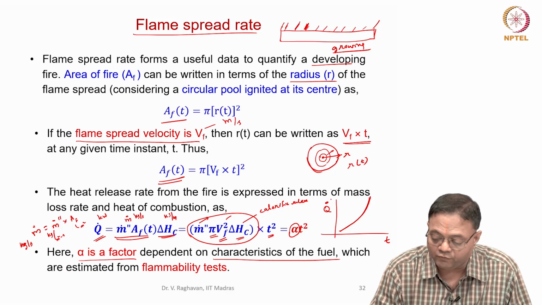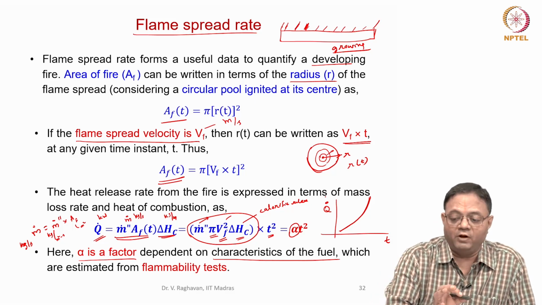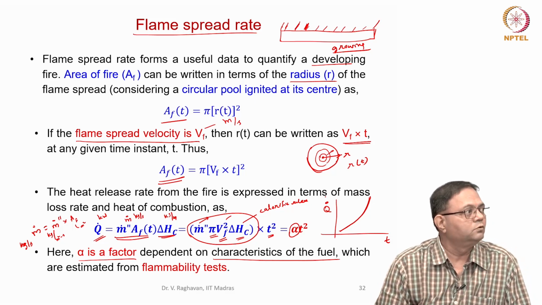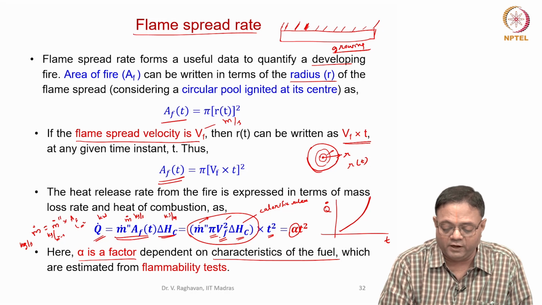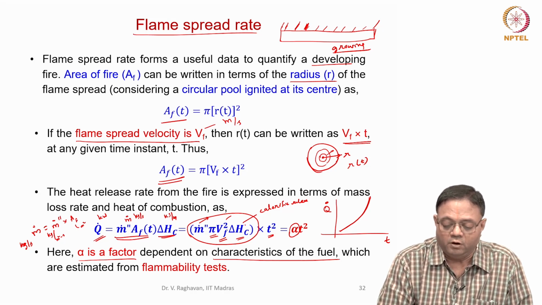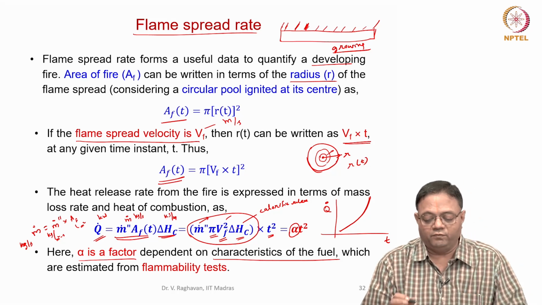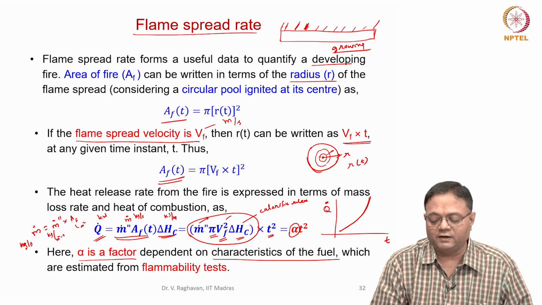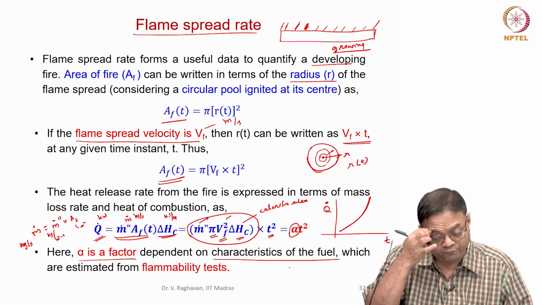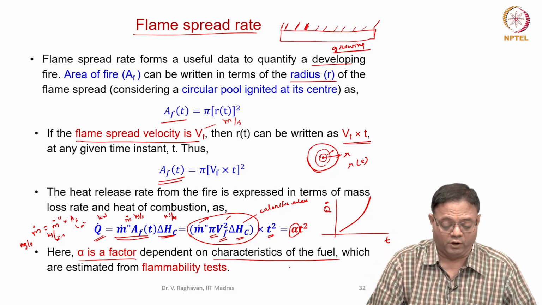Starting from the flame spread rate, we can see that it can be written in terms of flame spread velocity, and we get a parameter grouping which is called alpha, which is dictated by the characteristics of the fuel.